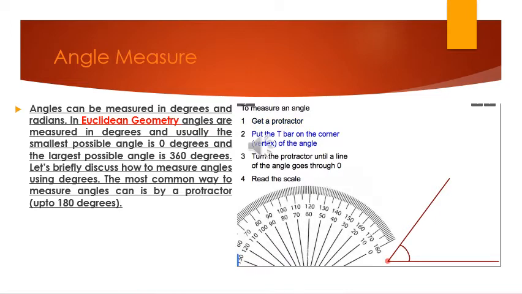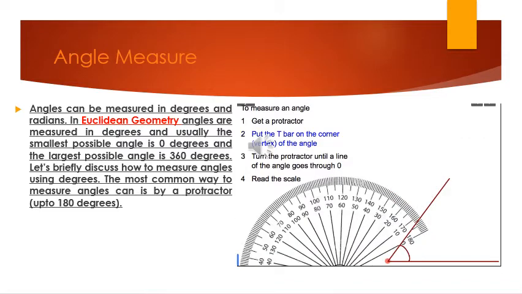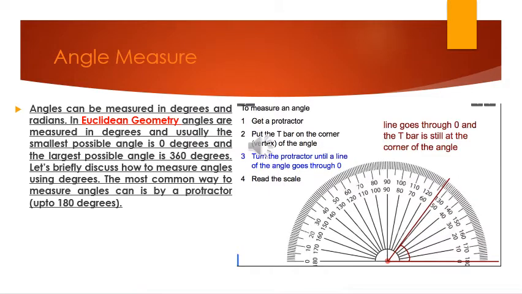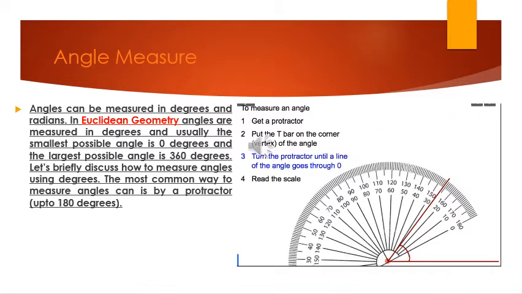Put the T-bar on the corner of the angle. Turn the protractor until a line of the angle goes through 0. The line goes through 0 and the T-bar is still at the corner of the angle.